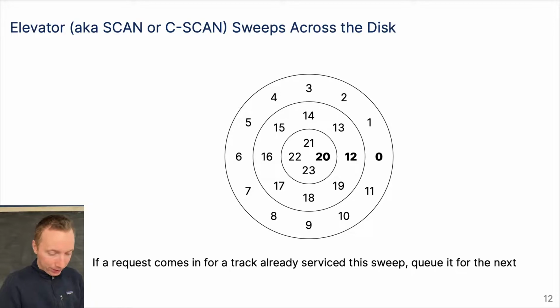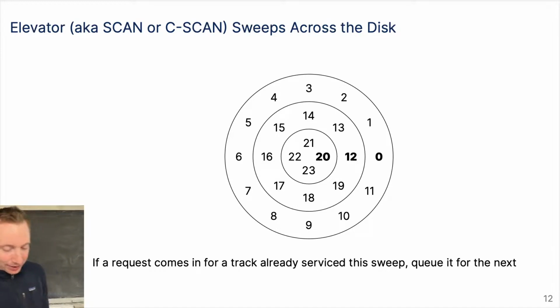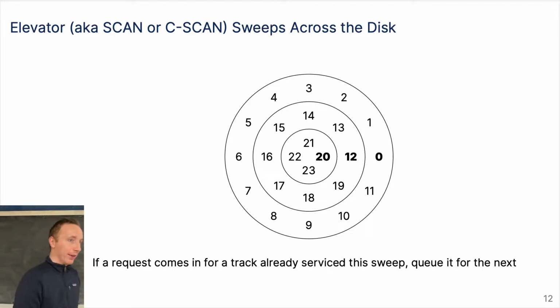So what you can do for a different scheduling algorithm is something called an elevator, aka a scan. And all it does is basically sweep across the disk and keep the seek head moving in the same direction. So like an elevator, if it's going up, it's only going up. It doesn't go back down until it's done everything.